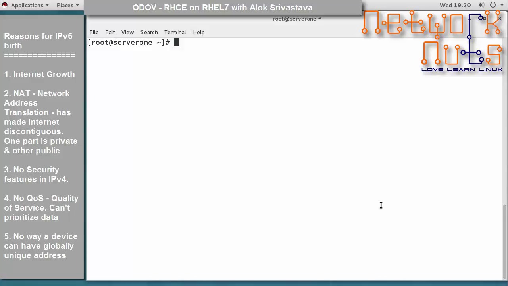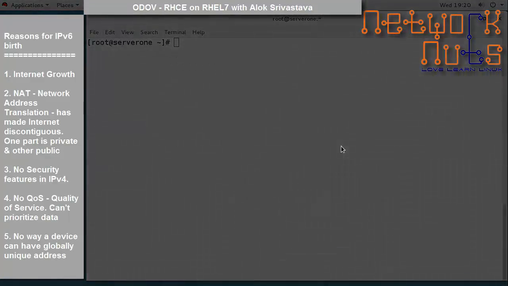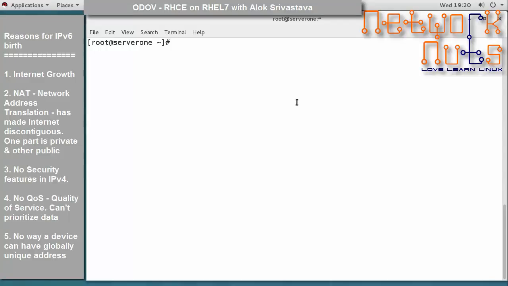So in case the DHCP is down, this is a problem then. There is no way in which a device can be configured to have a globally unique address. So these are some of the reasons which gave the birth to IPv6.